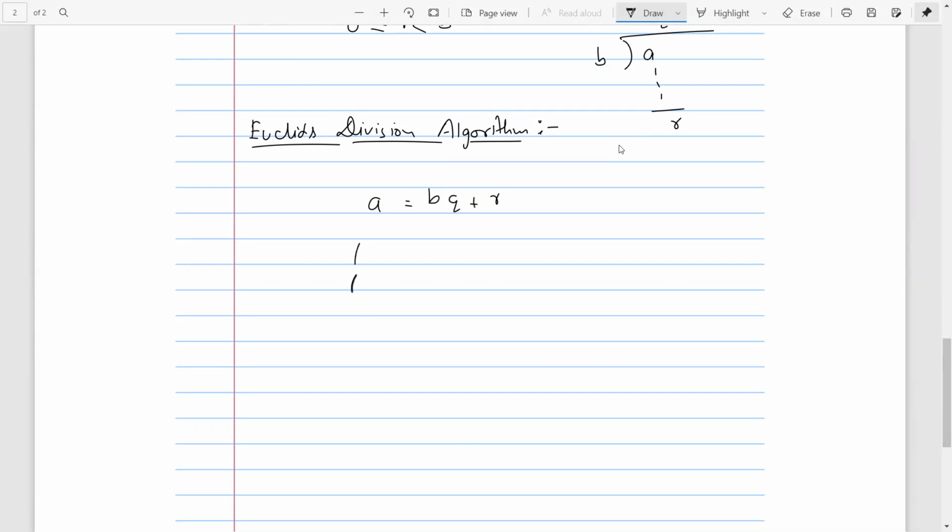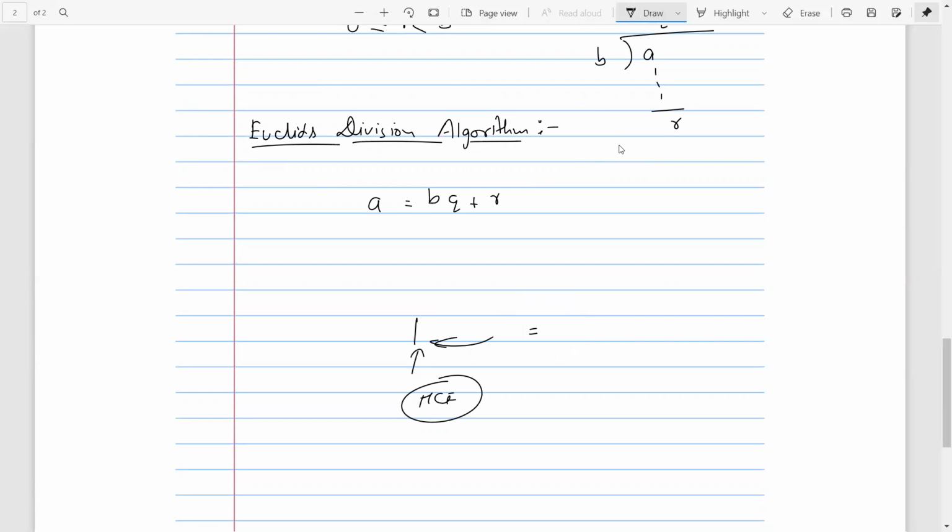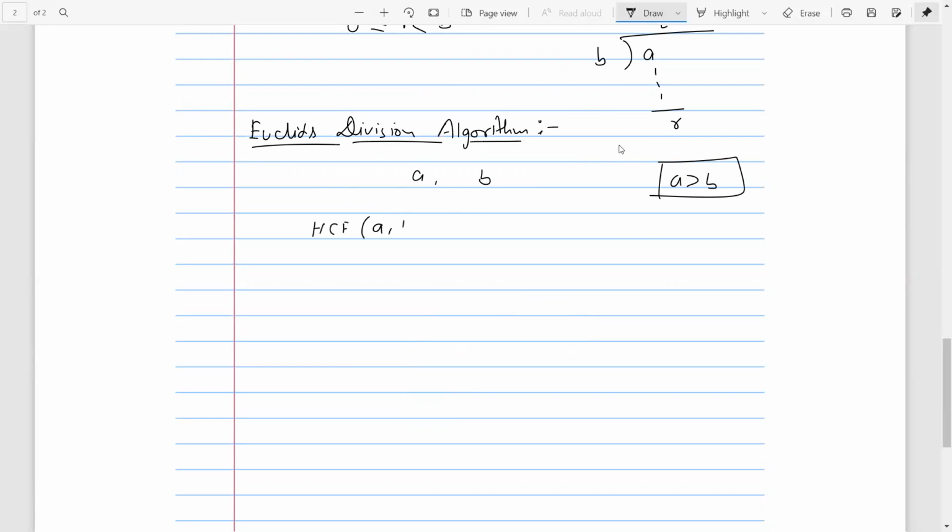But you have to do it again and again repeatedly until the remainder becomes 0. In the step when it becomes 0, the divisor at that step becomes the HCF. So it is used for finding the HCF of two numbers a and b, where a is greater than b and both are positive integers.